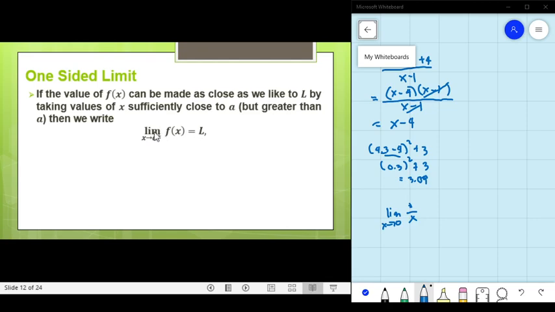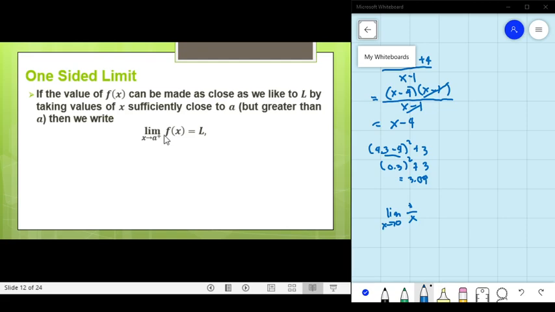So that means the positive sign there means x is approaching a from the right. Positive means from the right.